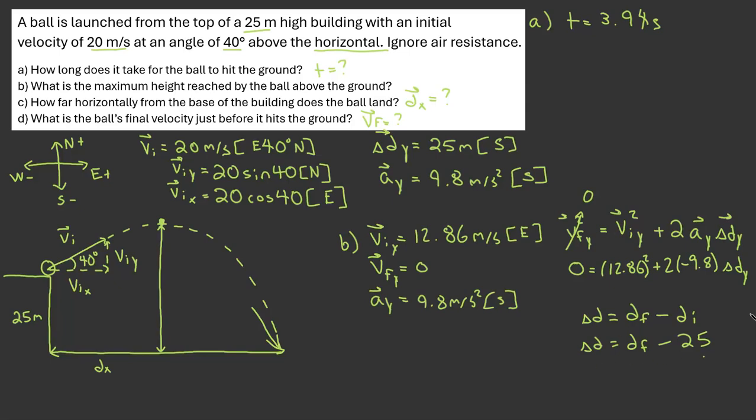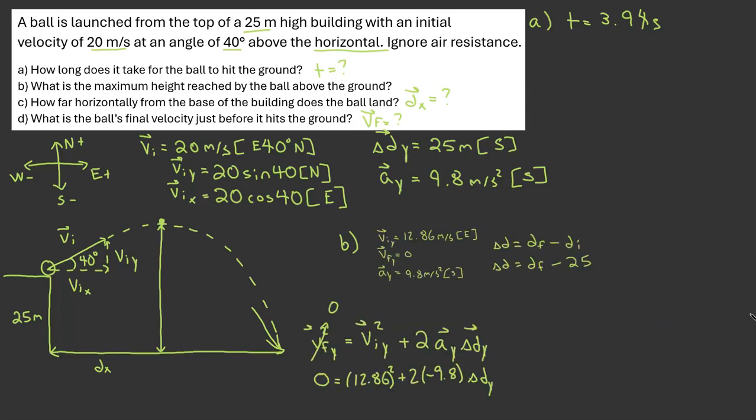And solving it this way will just give me a straight up answer for our df, which will essentially tell me right away what that maximum height is going to be. So I'm going to make some space here, move this around, and continue from here.